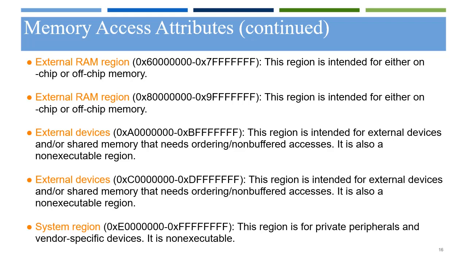Next we have the system region, which extends from E00 to FFFF. This region is for private peripherals and vendor specific devices. It is non-executable. For the PPB memory range, the accesses are strongly ordered. For the vendor specific memory region, the accesses are bufferable and non-cacheable.